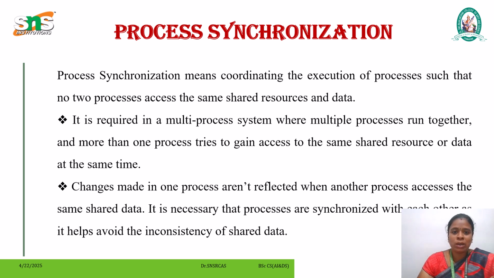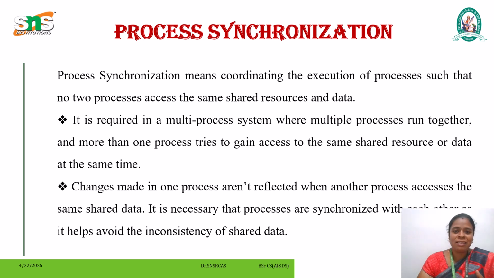Multiple processes run together. More than one process tries to get or share the same resources or data at the same time. The changes made in one process may not be reflected when another process accesses the same shared data.